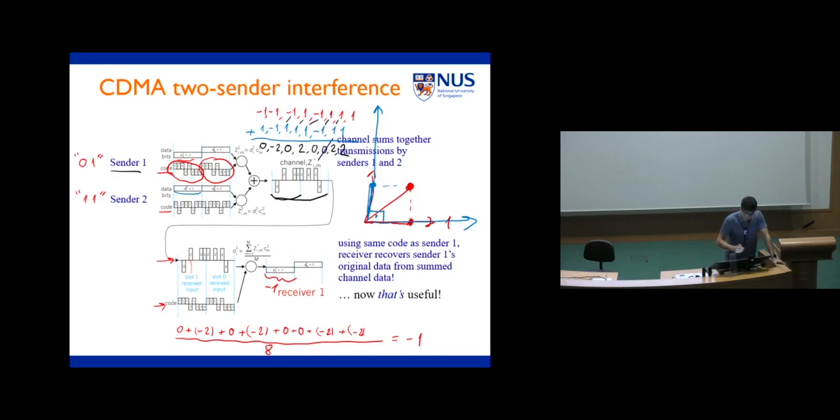Let's say I have another sender here, sender 3, and this sender 3 has a chipping sequence of 1, 1, 1, 1, 1, 1, 1, 1, all ones. If all these 3 senders communicate with the same receiver at the same time, in the same frequency band, would their signals be resolved or not?